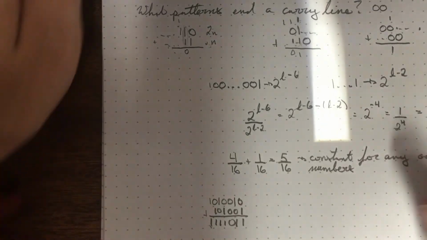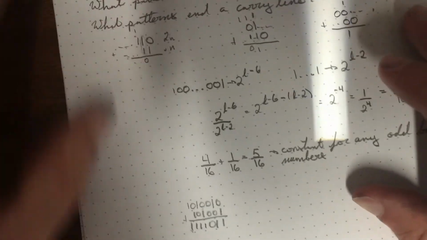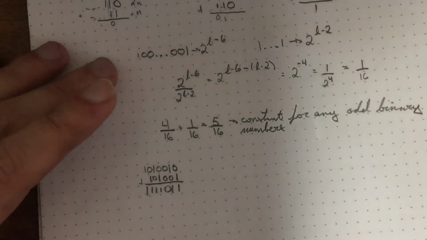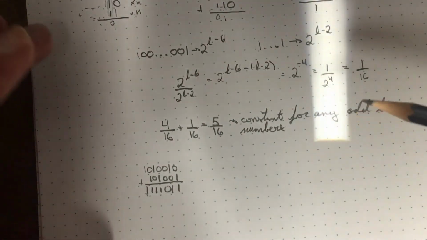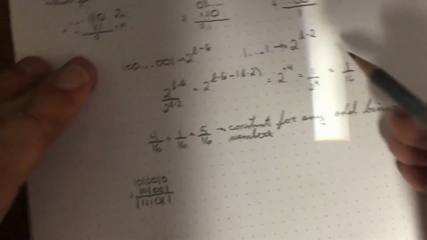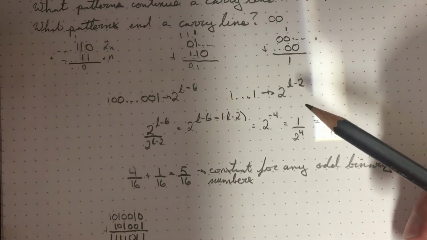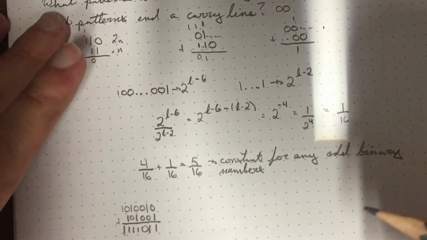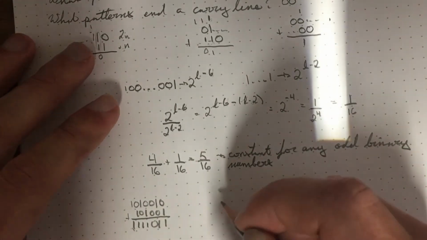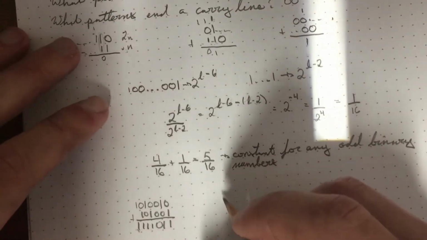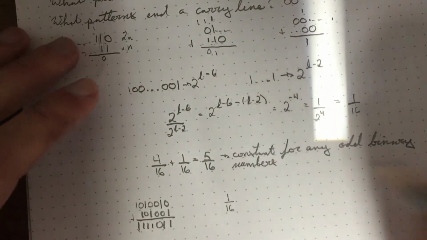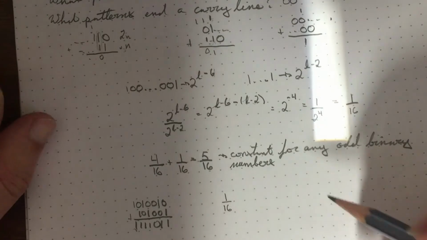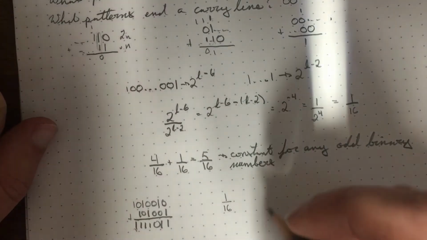So there's another class of pattern there. I don't want to run through the proof again for this, but I think it should be pretty obvious that we can find another 1/16 of number patterns.